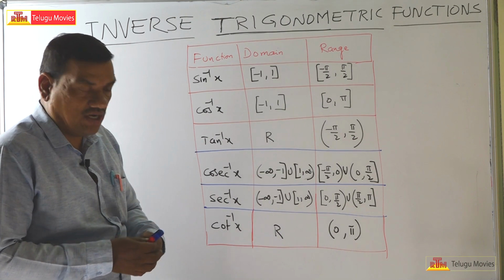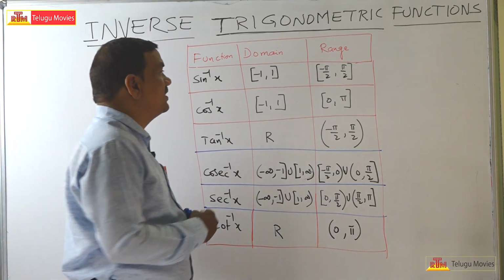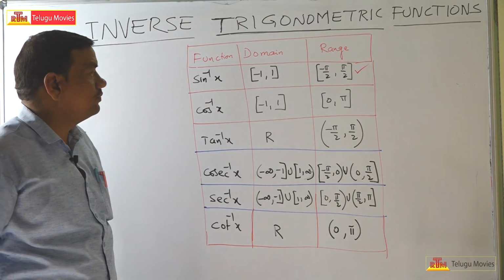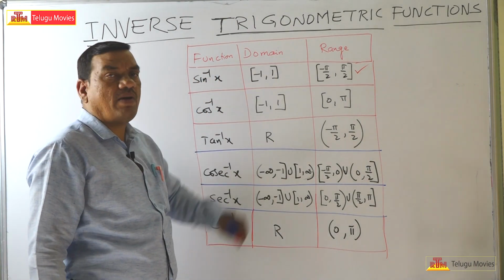For the sine function, we restricted the domain from minus pi by 2 to plus pi by 2. Then its range is minus 1 to 1.